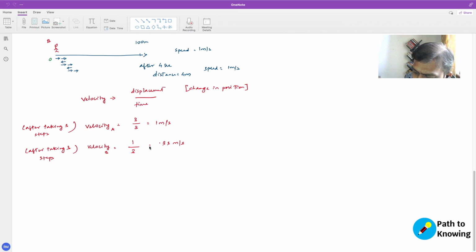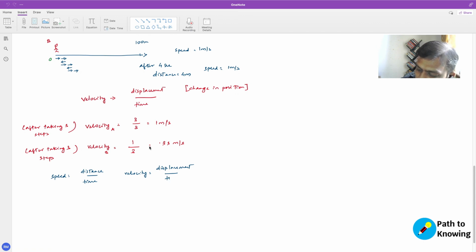So let's say that speed is equal to distance over time, and velocity is equal to displacement over time.